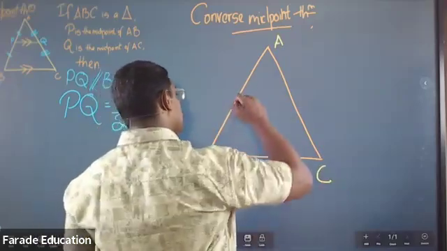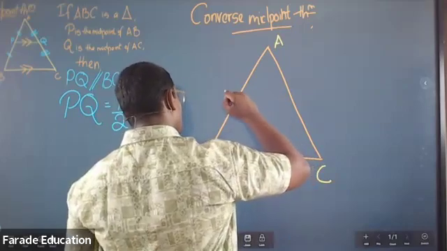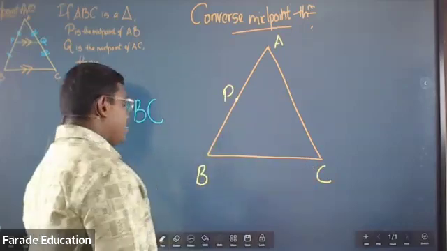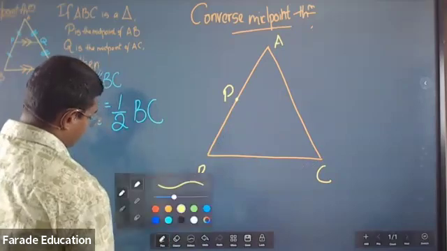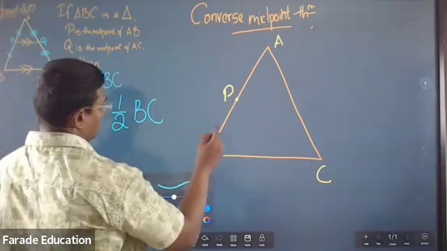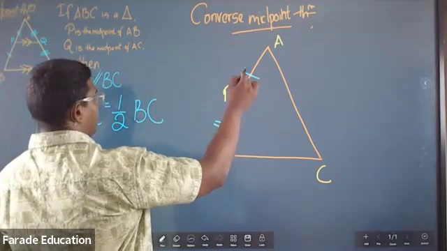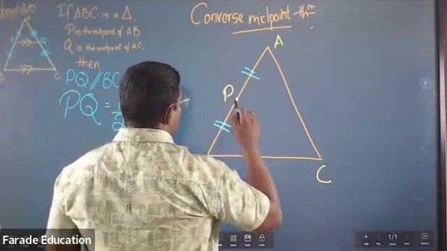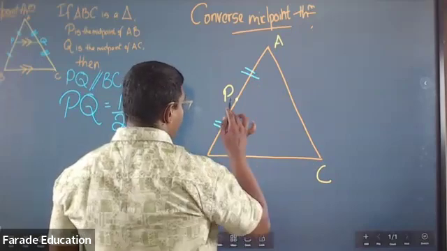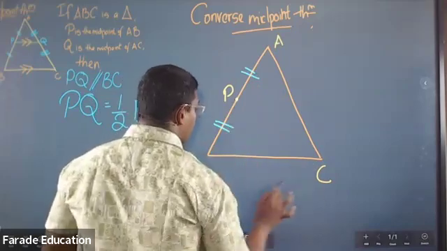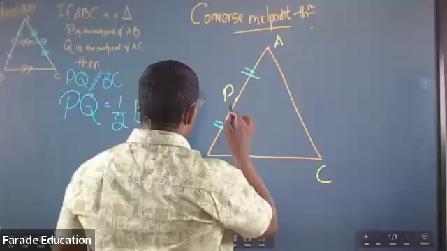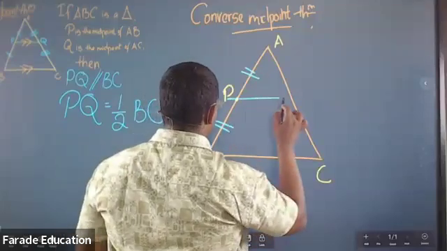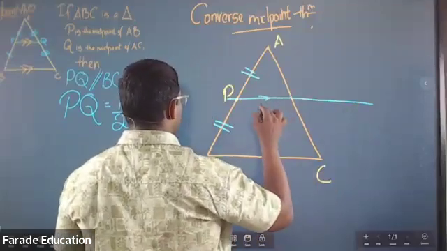What they tell is P is the midpoint of AB, and there is a line that is drawn from P parallel to BC. I will draw a line which is parallel to BC like this.